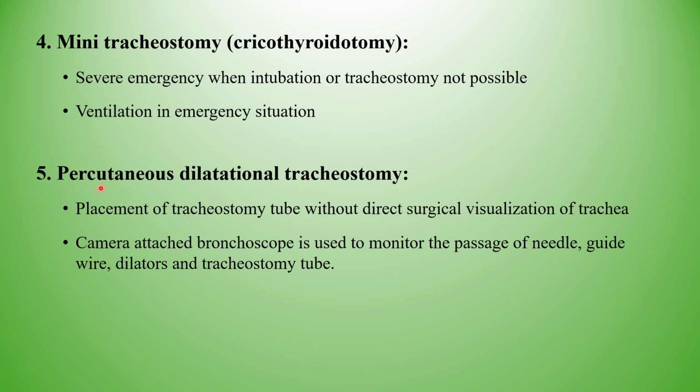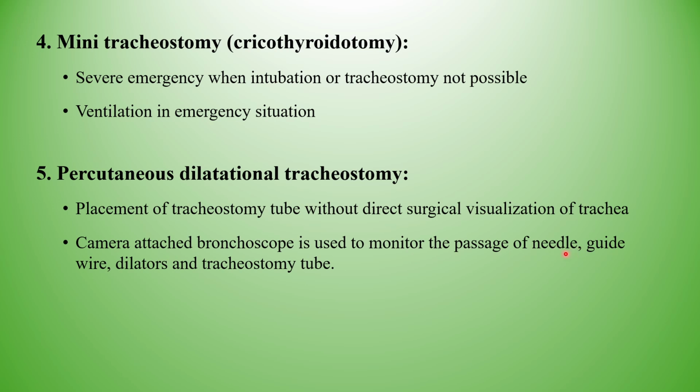And last is the percutaneous dilatational tracheostomy. There will be placement of the tracheostomy tube without direct surgical visualization of the trachea. Only a camera, laryngoscope, or flexible bronchoscope is preferred. It is used to monitor the passage of the needle.